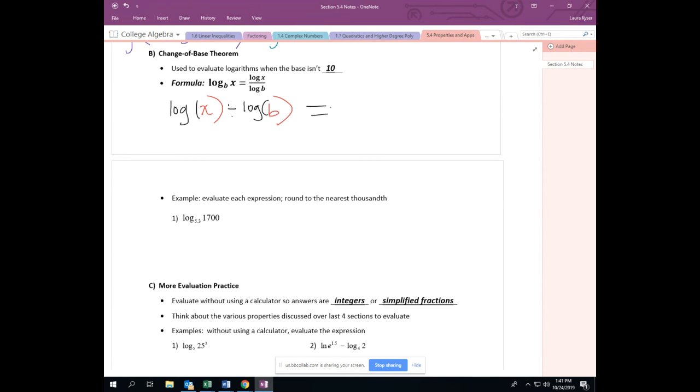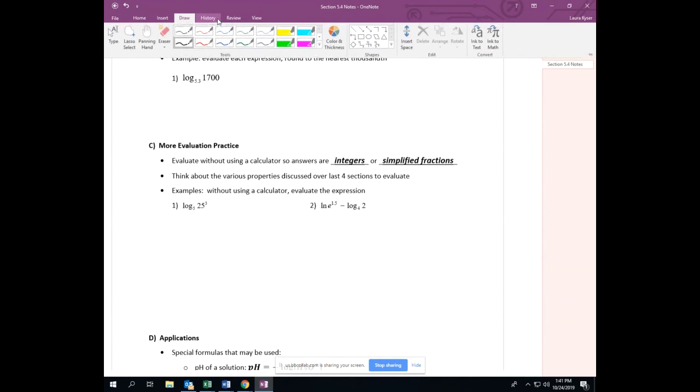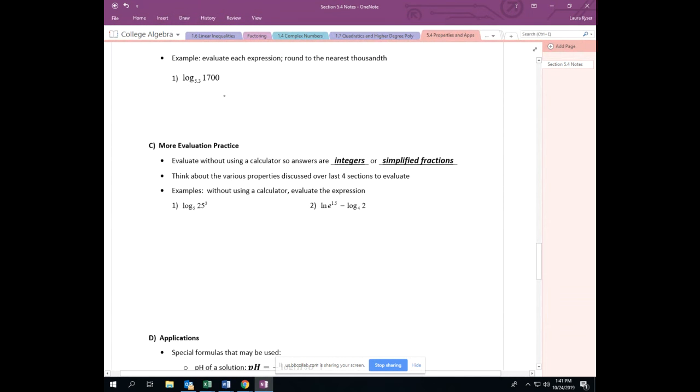So to practice change of base formula, we have an example here. And it's log base 5.3 of 1700. So the change of base formula says that we go into the calculator and we type in log 1700, close it, divided by log 5.3, close it, equals.